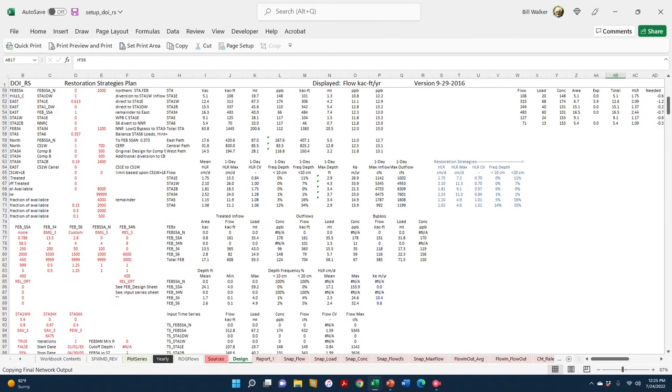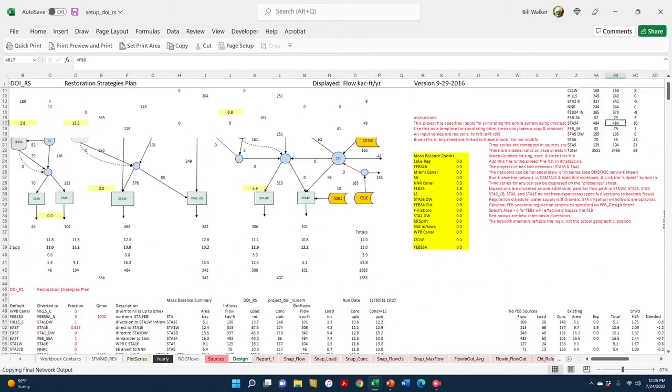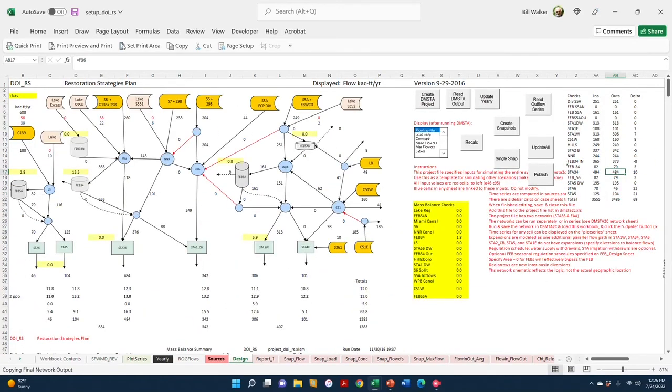You can see all the basins are represented here, and it does some mass balance checks to make sure you got all these things hooked up.